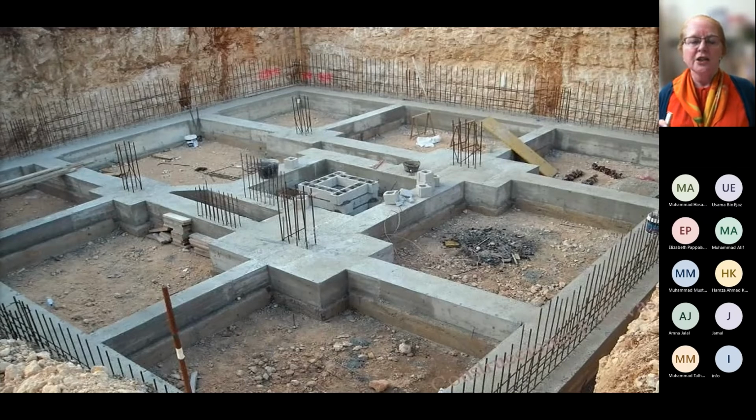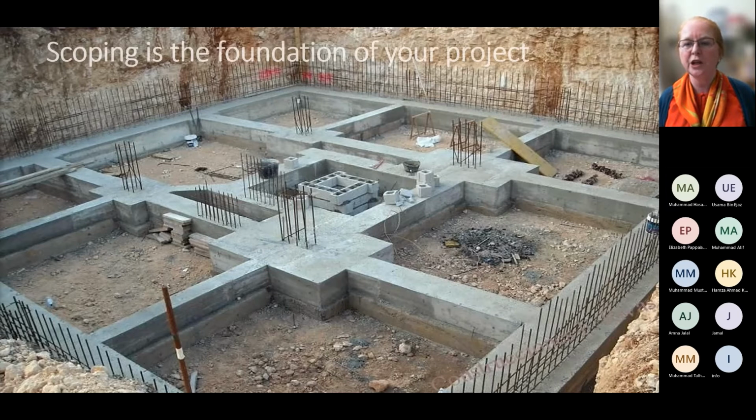Scoping, absolutely, and without a shadow of a doubt, is the foundation of your project. That means that if you get the scoping wrong, the project as a whole is very likely, possibly even guaranteed, to go off the rails to some degree.